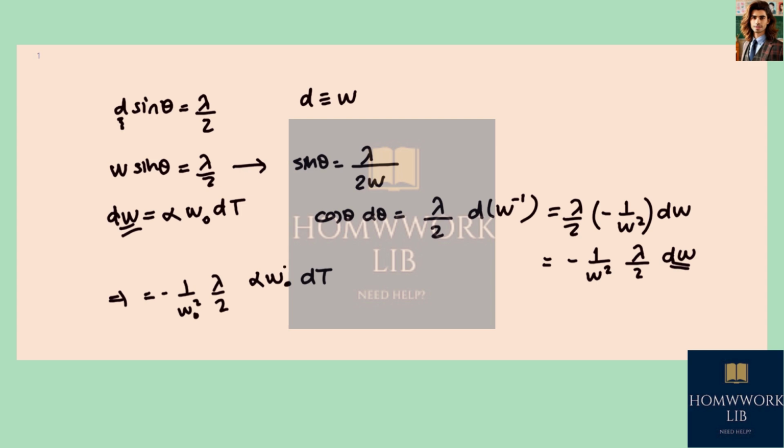We're going to cancel one w out, so we have lambda over 2 w naught times alpha dt. Again, the left-hand side of this equation is cosine theta d theta.